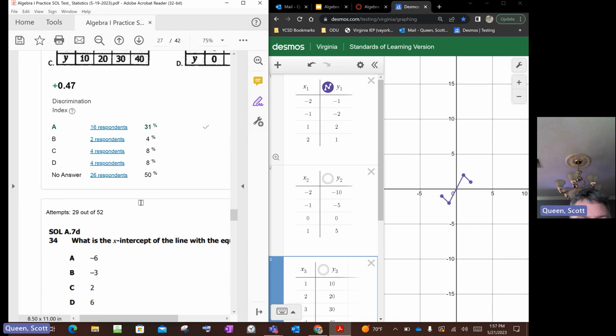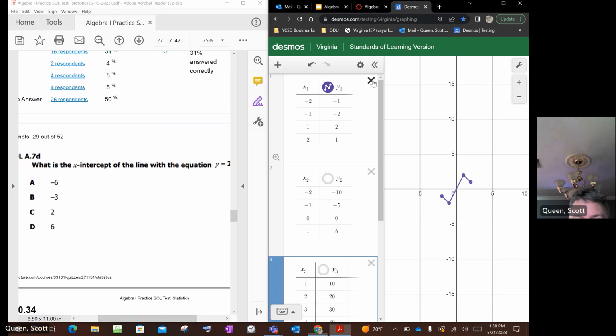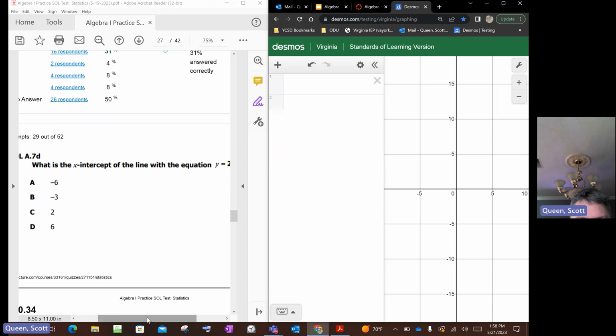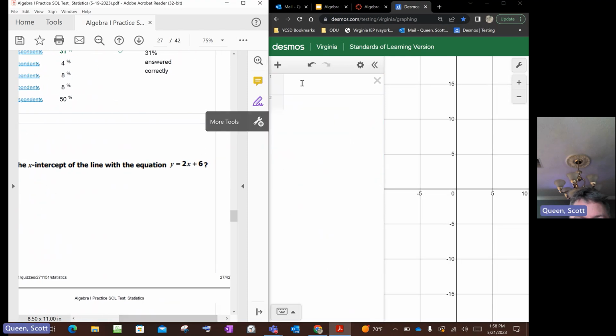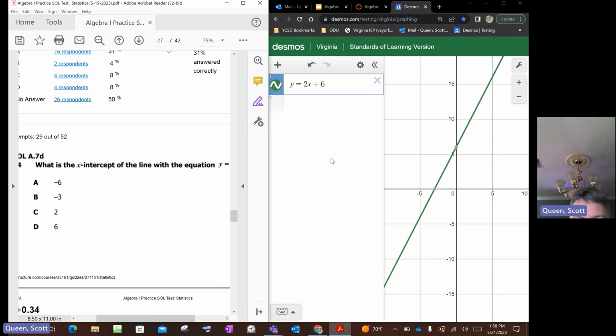All right, moving on. 34. What is the x-intercept of the line of the equation y equals 2x plus 6? Let's graph it. Y equals 2x plus 6. It asks specifically for the x-intercept. Well, the x-intercept is not here because that's the y-intercept.